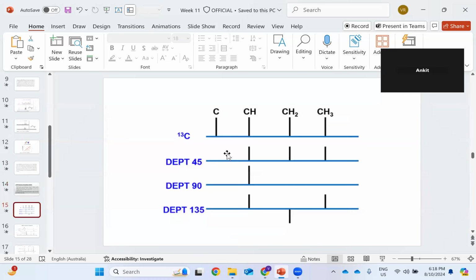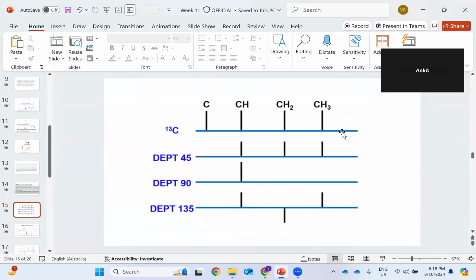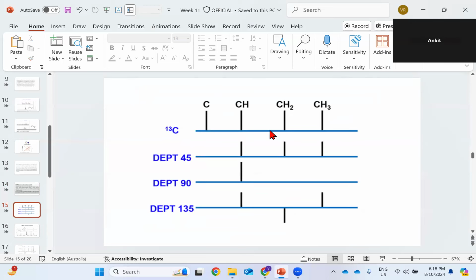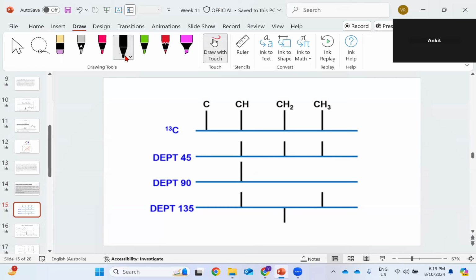If you look at a short summary of how DEPT gives the signal: in the carbon NMR spectra, we get signals due to all types of carbons, quaternary, primary, secondary, and tertiary, right? In DEPT 45, we get the signal due to all carbons except the quaternary ones.